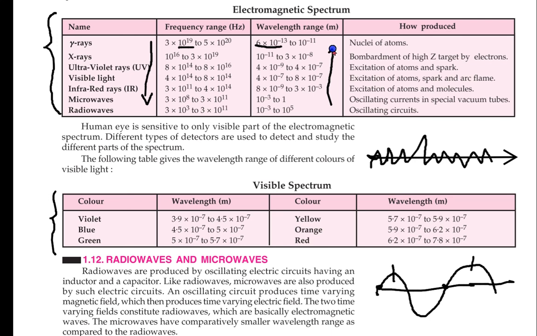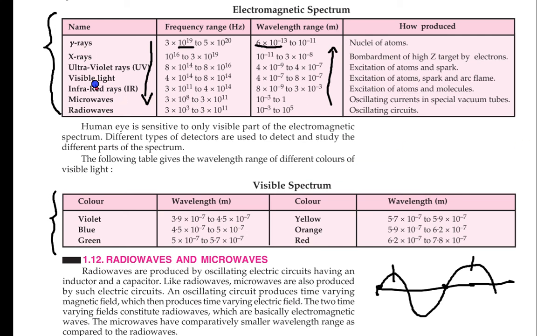In the examination you can be asked to arrange these rays in increasing order of frequency or increasing order of wavelength. Let me choose gamma, visible, and microwaves.